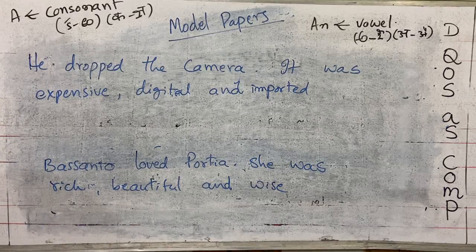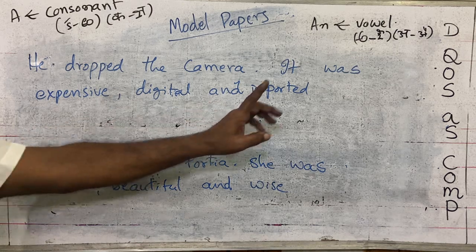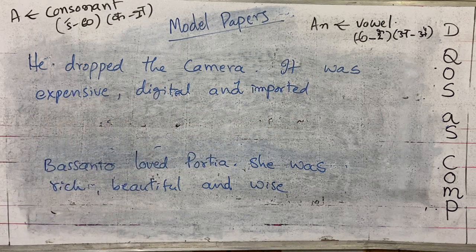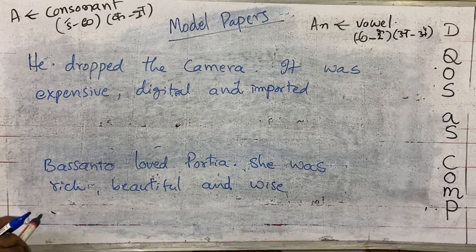Yeah. He dropped the camera. It was expensive, digital, and imported. How is the camera? Expensive, digital, and imported. So here we can give the answer easily. Why? Because all are given in the space itself. So he dropped the expensive, digital, and imported camera.